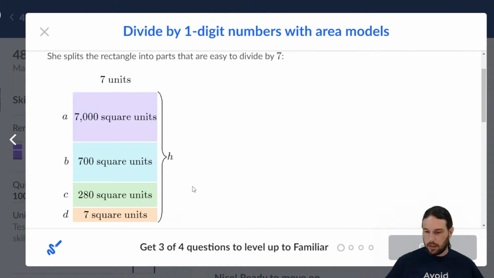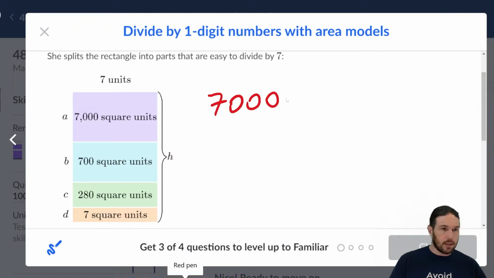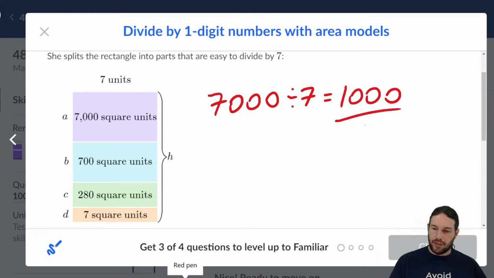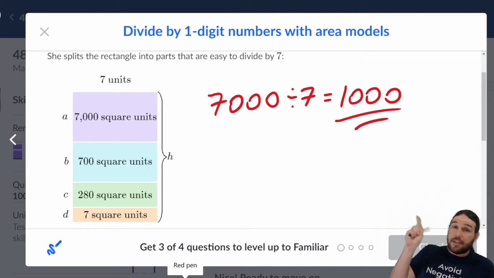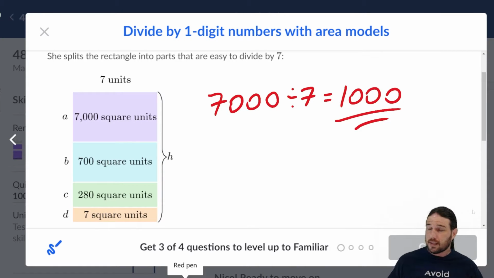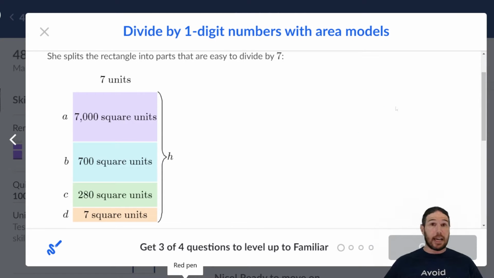That would be 7,000 divided by 7, 1,000. That's all this is, all the way down. We're just taking the area and dividing it by 7 in this case, because 7 units is the width of all of these. And once we get there, we add them all up in the end, I imagine.